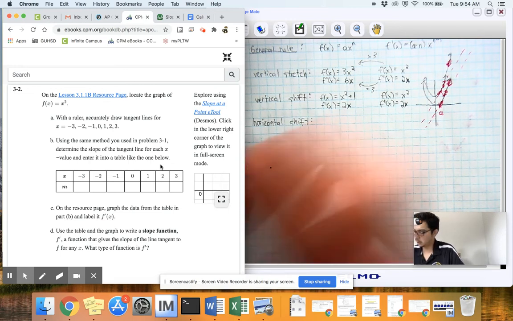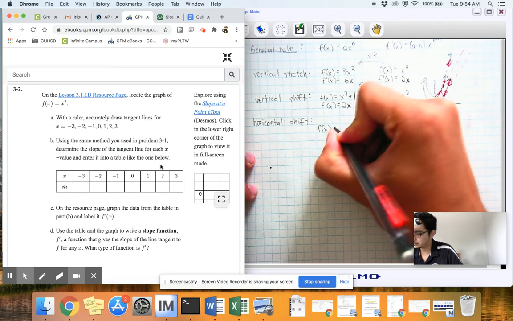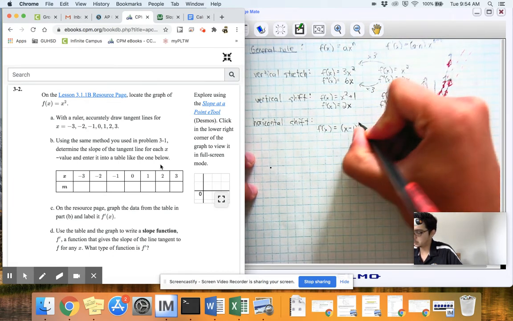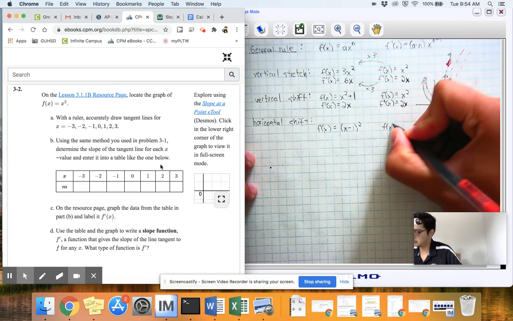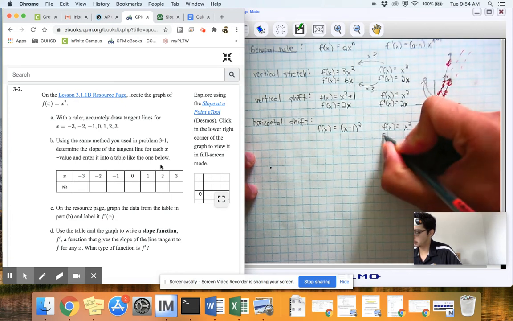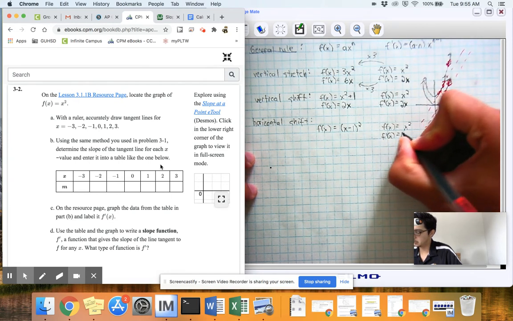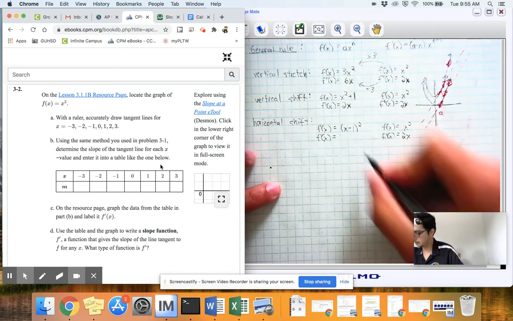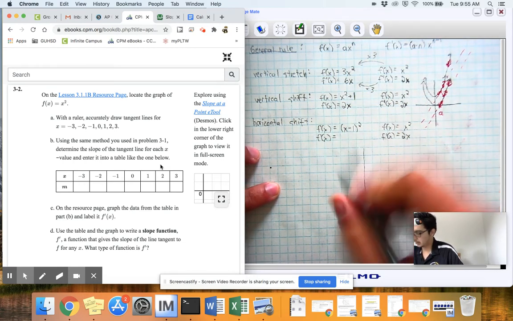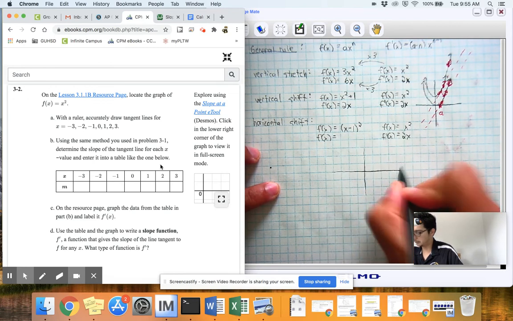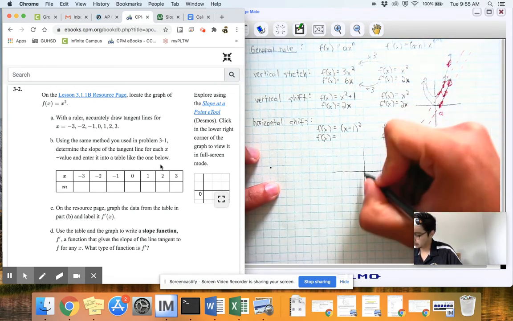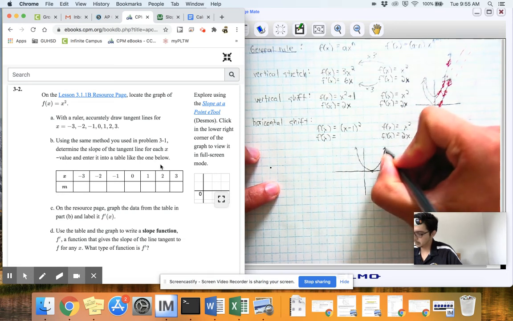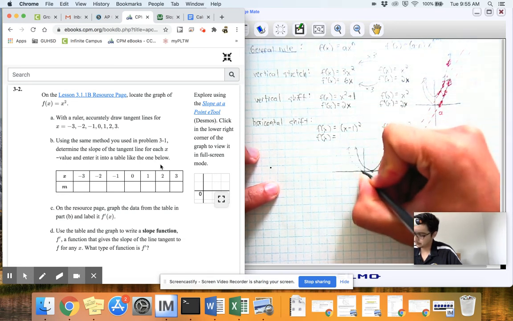And then for horizontal shifts, we have f of x equals, say, x minus 1 squared, compared to x squared. The slope function of that was 2x. What's going to happen here is that it's a horizontal shift, so we go right 1 and compare that to the original.